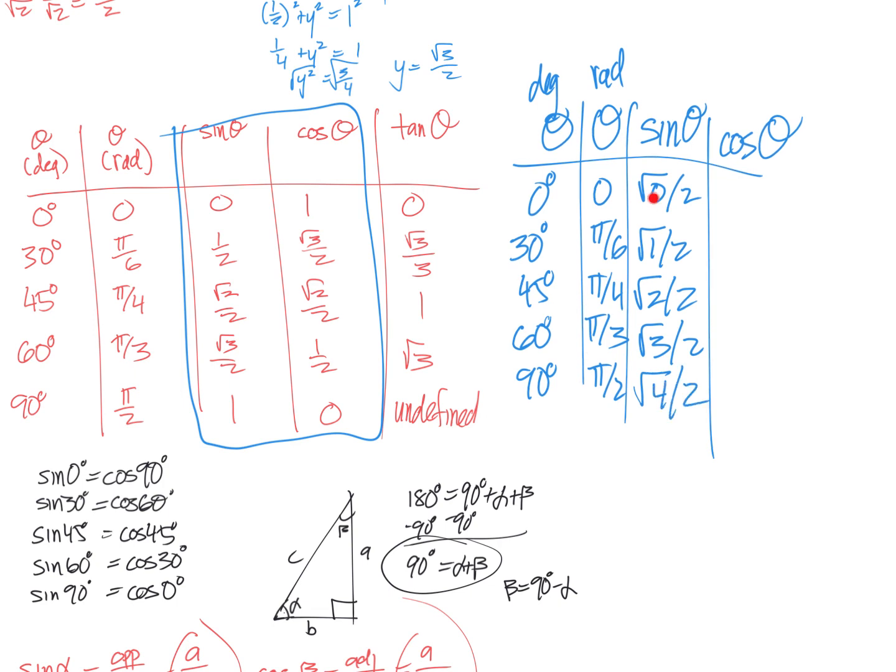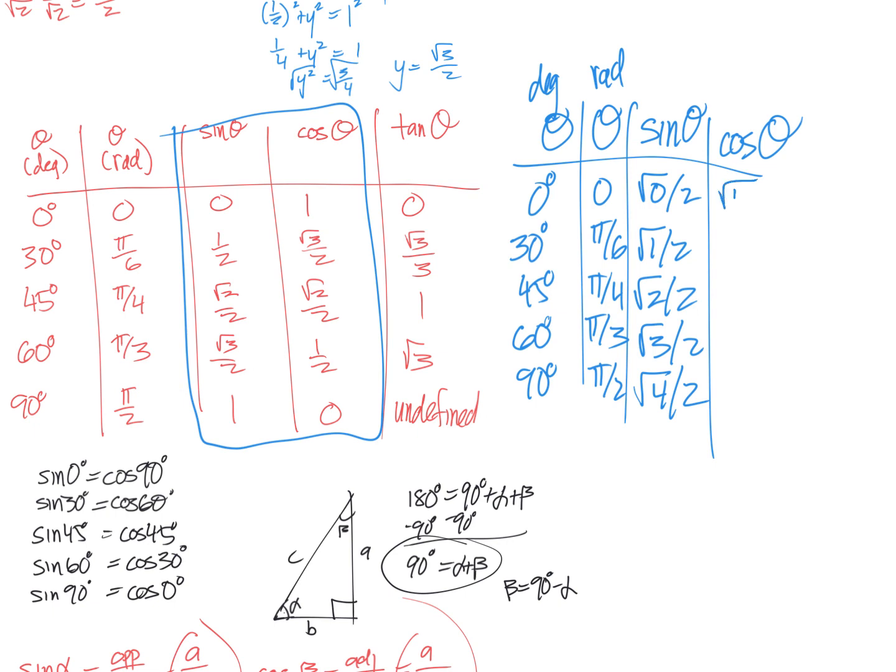This first one, square root of 0 over 2, is just 0. Square root of 1 is 1, divided by 2, 1/2. Root 2 over 2, that's the same. Root 3 over 2 is the same. And square root of 4 is 2. 2 over 2 is 1. So that's what we had in our original column. And then now we use the cofunction and we just write it in reverse.